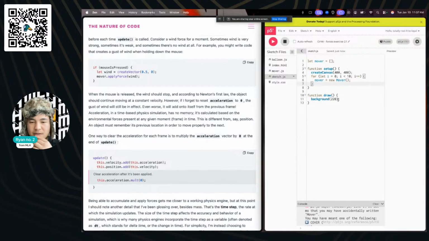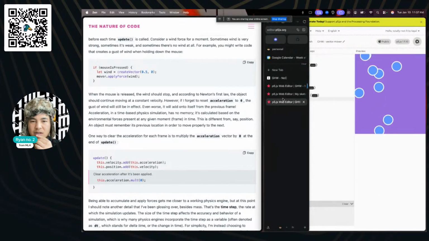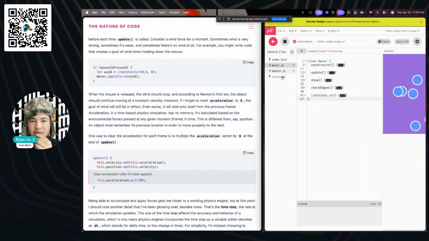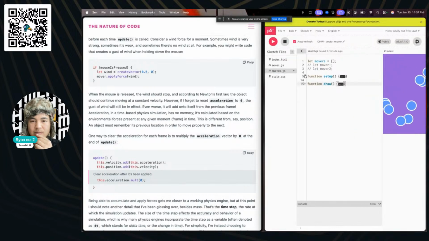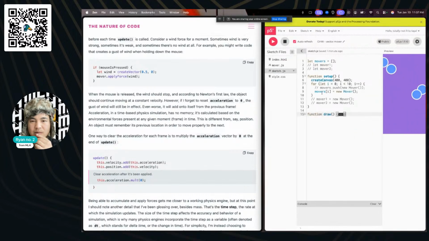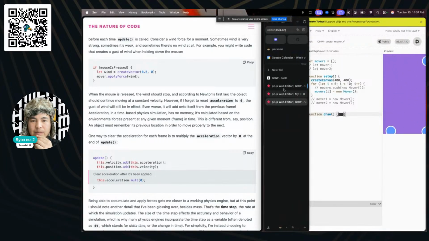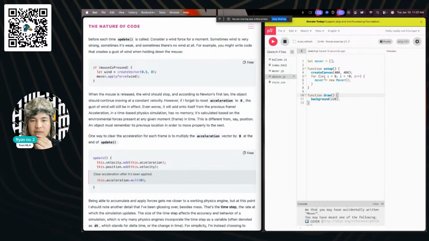Let's see how we did it here. Movers equals new Mover. I thought that's okay. Well, we can do that. That doesn't change anything though. Mover is still not defined.